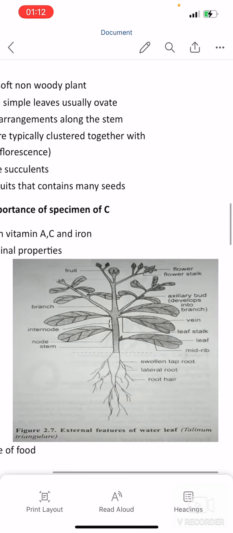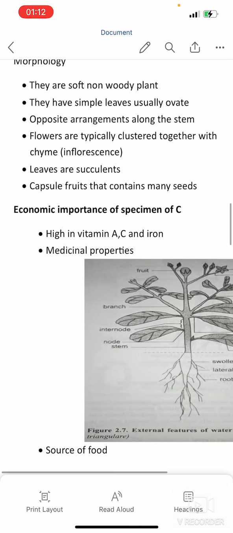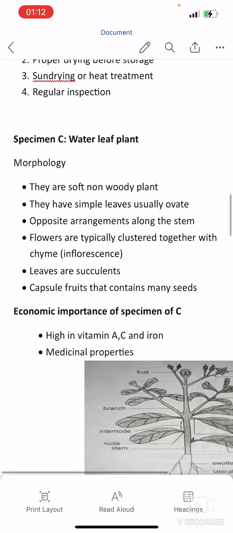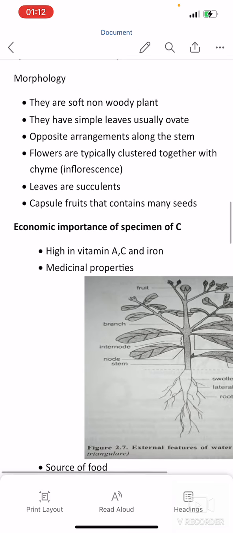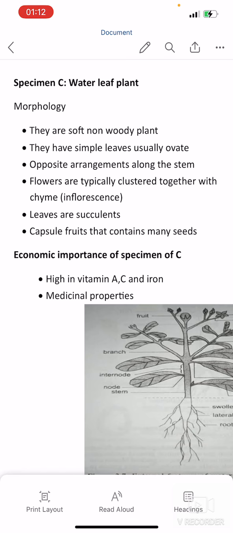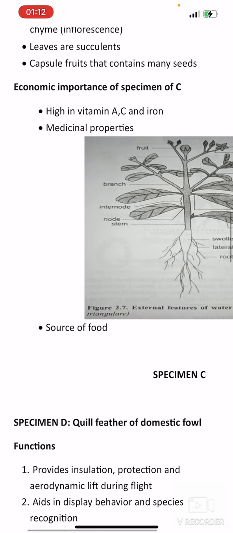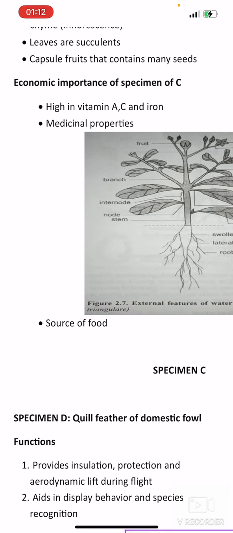This is the diagram of Specimen C, Talinum triangulare, and they are also dicot. I do not want to repeat the characteristics of dicot; I've mentioned that before, so you can check for that.